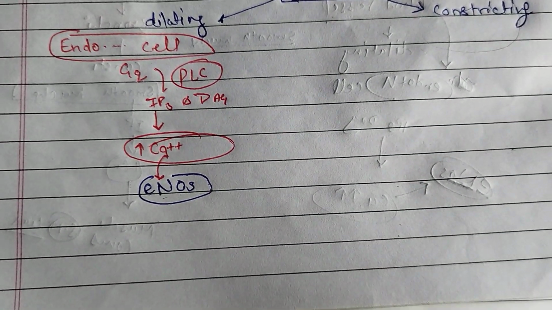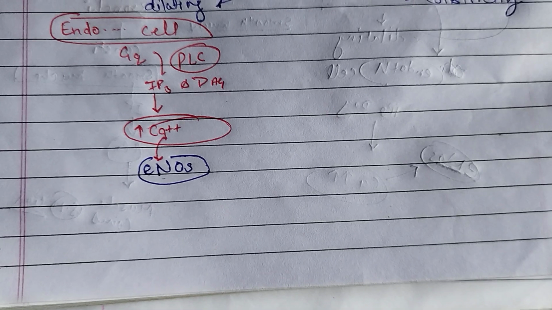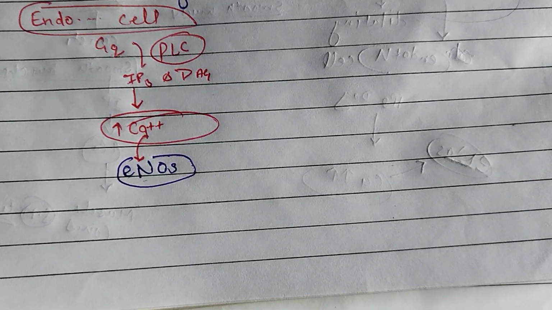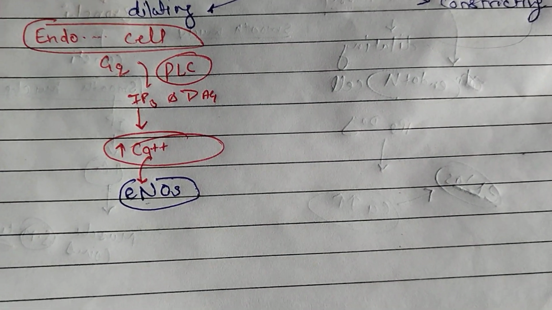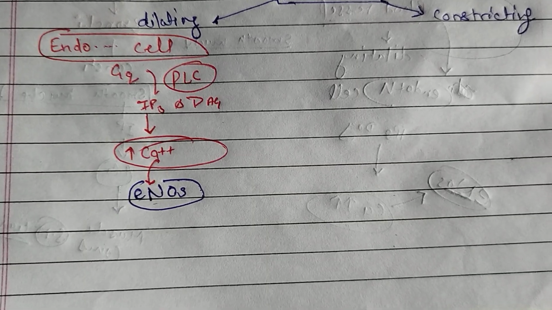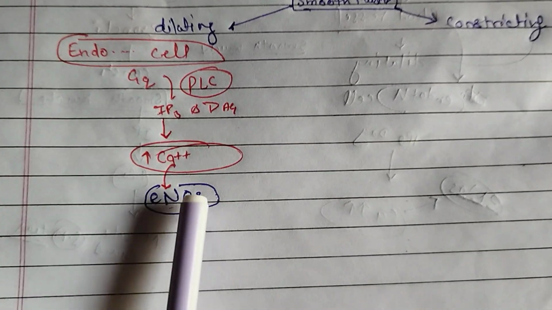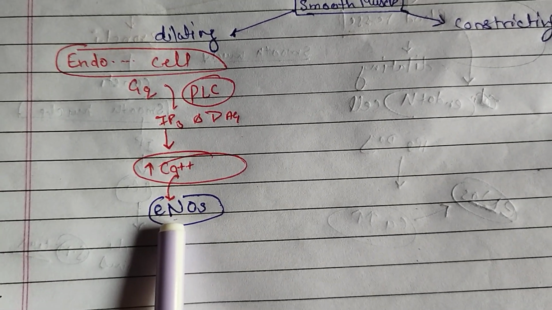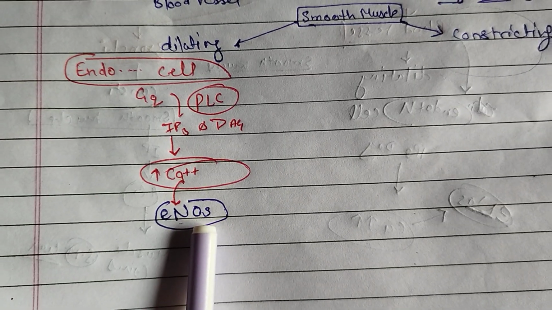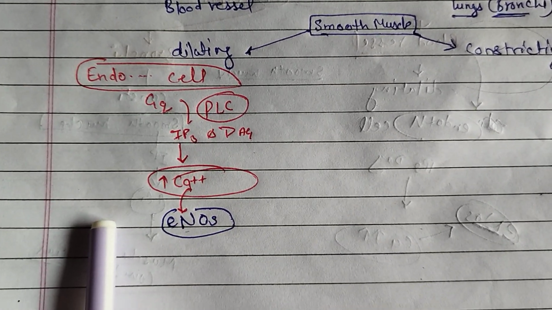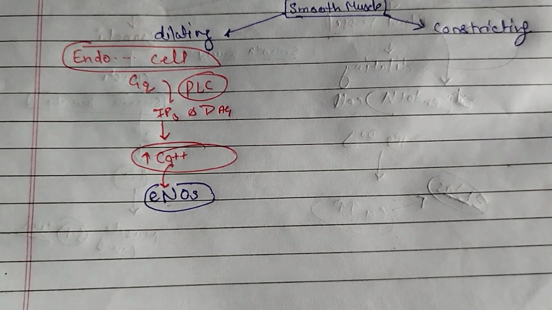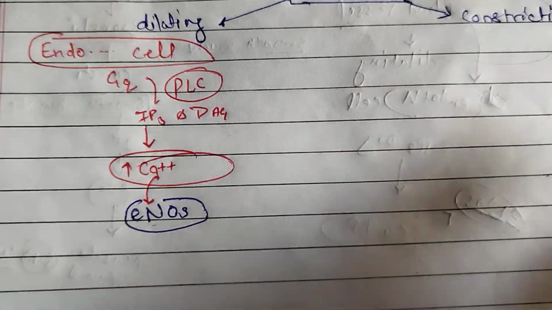In the case of penile erection, nitric oxide is the mediator which causes relaxation and dilation of the muscle, that is why the penis gets erected. The mechanism here is the same: nitric oxide goes to the smooth muscle and causes its dilation. This is how it affects.